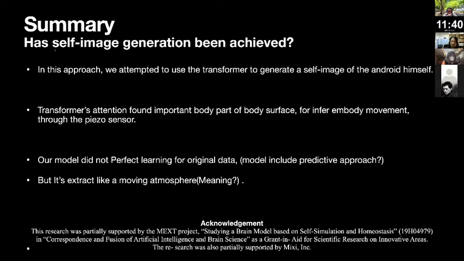Our model did not perfectly learn the original data. So we think the model includes a predictive approach, but it's abstract, like a moving atmosphere or mood or meaning. So this is the end. Thank you very much.